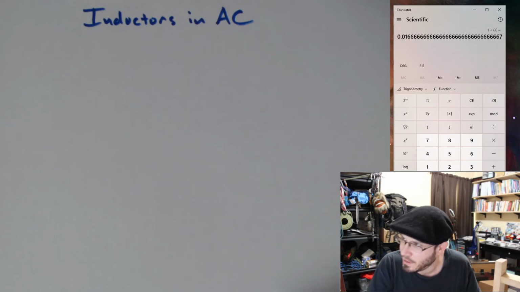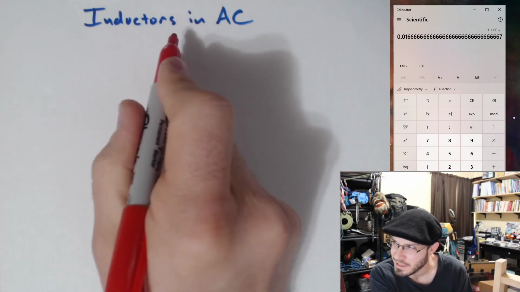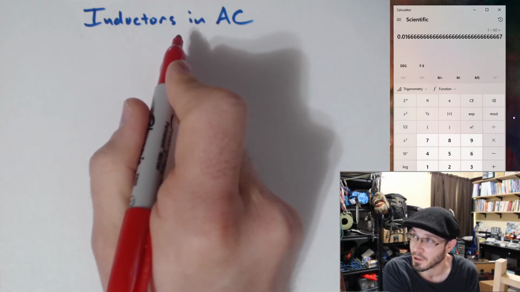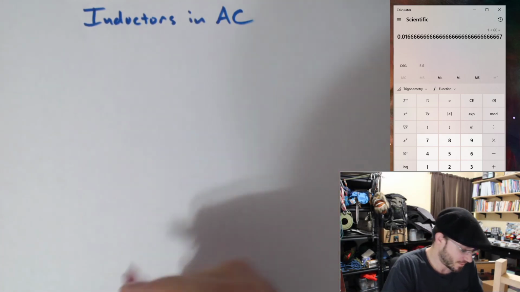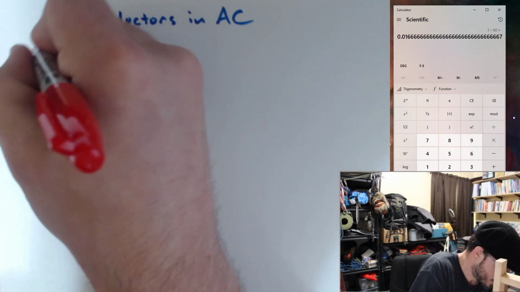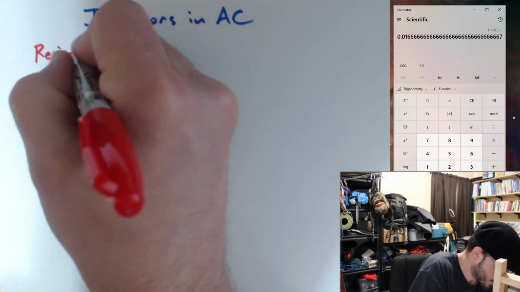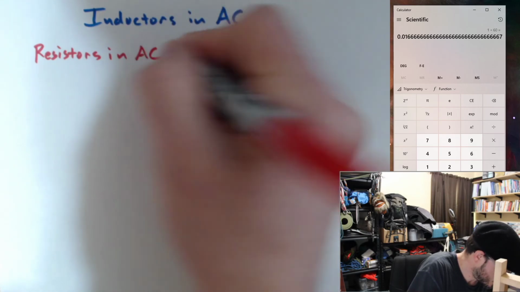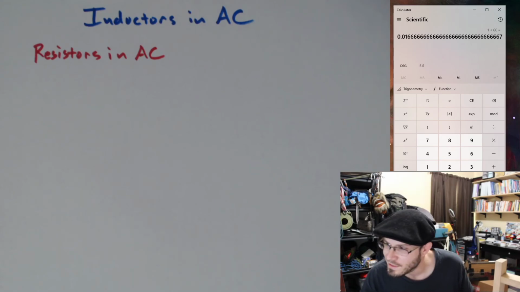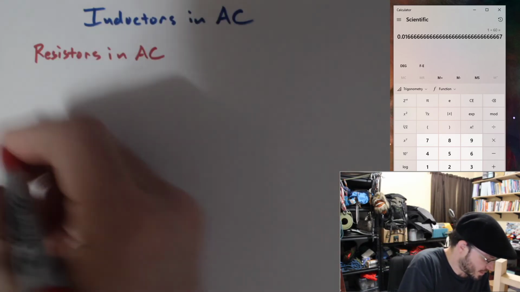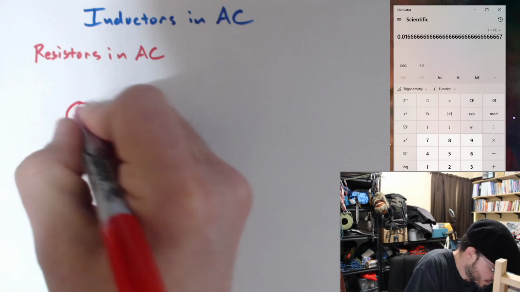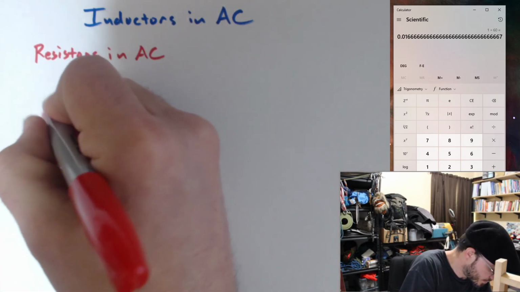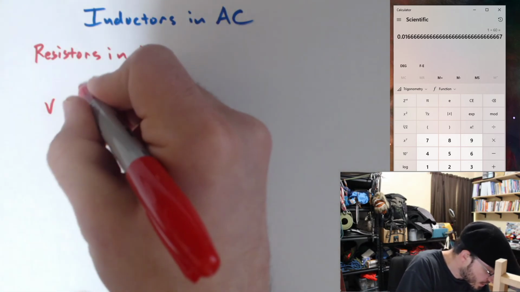And I think if we're going to talk about inductors in AC, it's good to have a starting reference point. That reference point is going to be something a little simpler, which is a resistor in AC. So let's go ahead and give ourselves an AC voltage source. I'll just call it V.